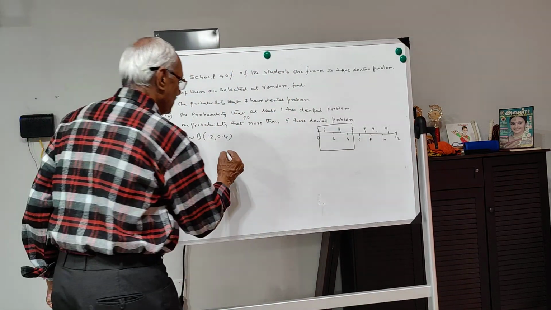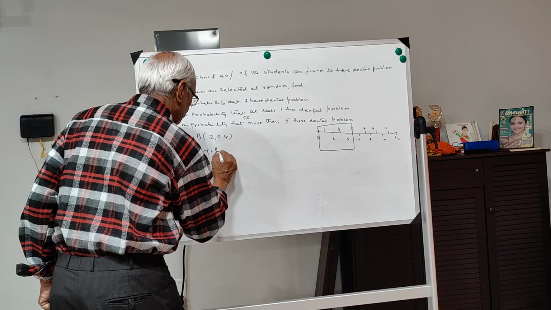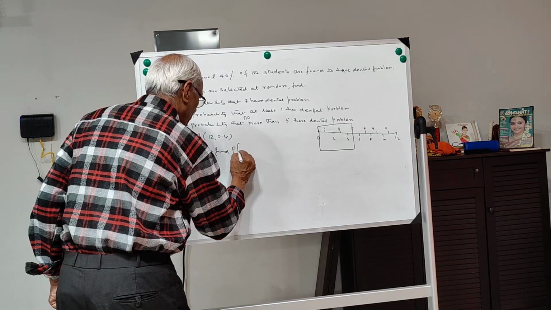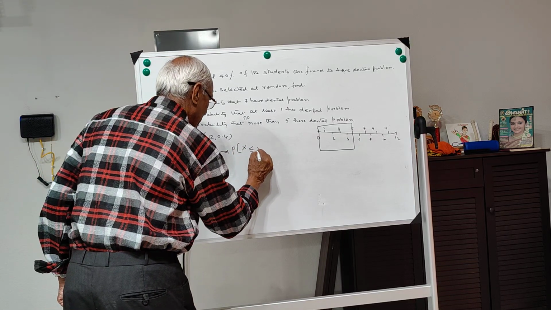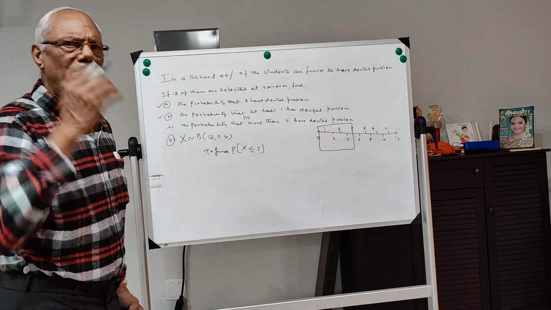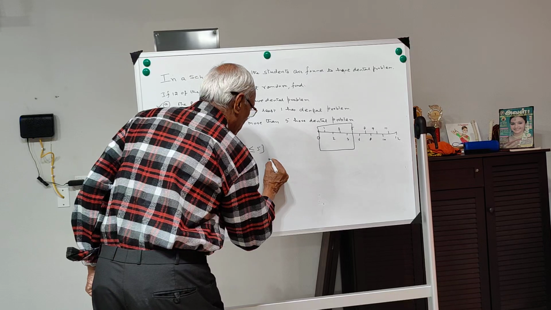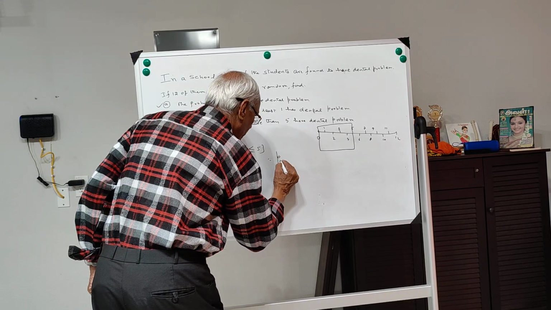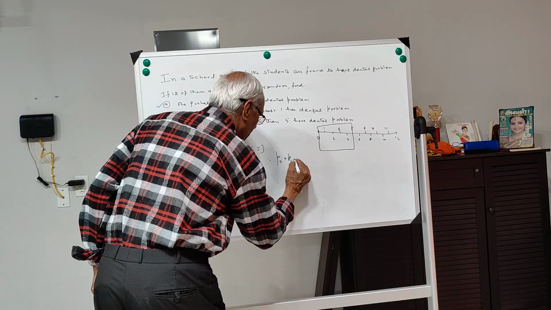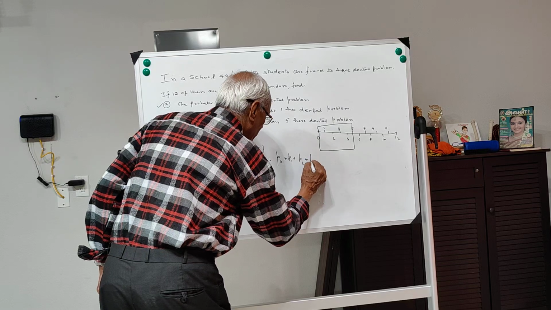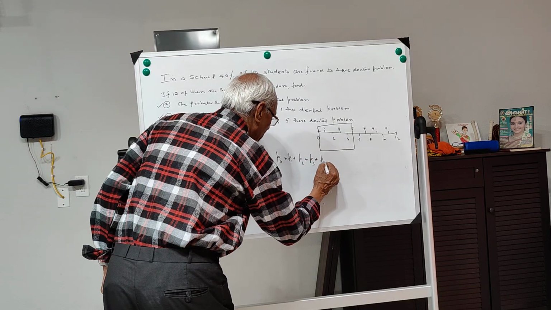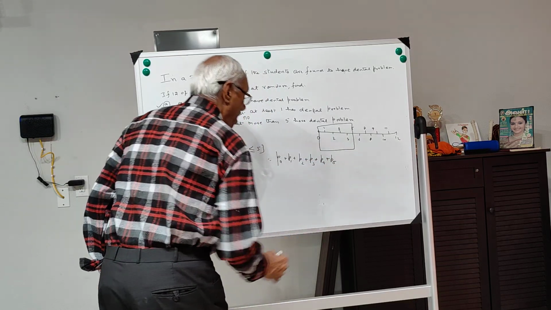What does it mean? To find P of x less than or equal to 5. At the maximum it can be 5 only. So this will be equal to what? It is P of 0 plus P of 1 plus P of 2 plus P of 3 plus P of 4 plus P of 5.